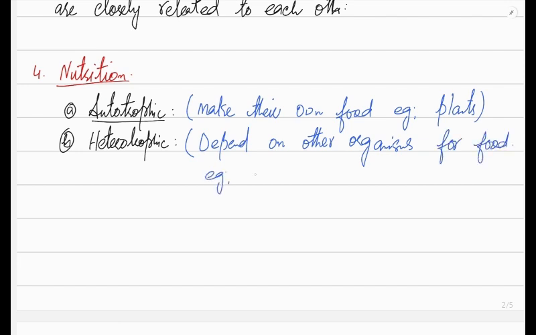For example, animals cannot make their own food. Animals eat other organisms, they eat autotrophs. So on the basis of this also, we can divide the organisms into two groups, autotrophic and heterotrophic.